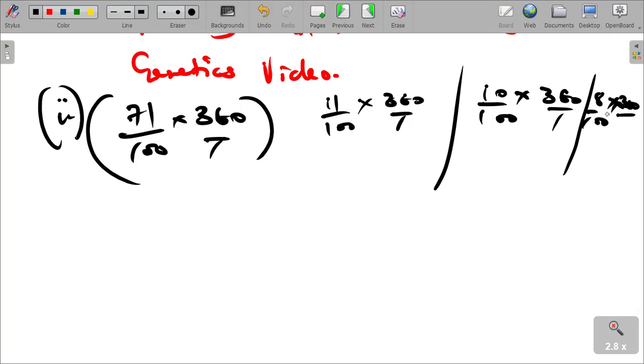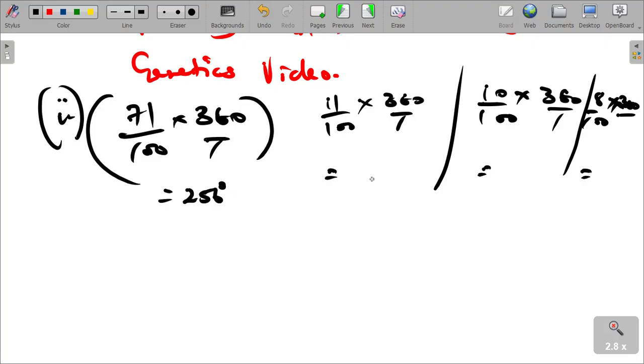You do this and get all the various degrees. For example, you get 256 degrees.